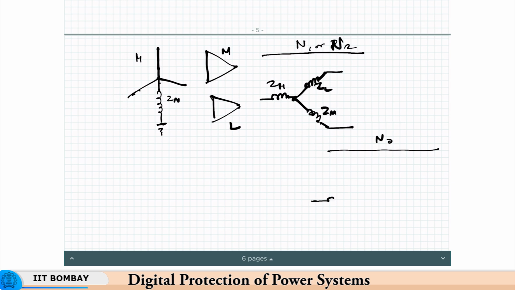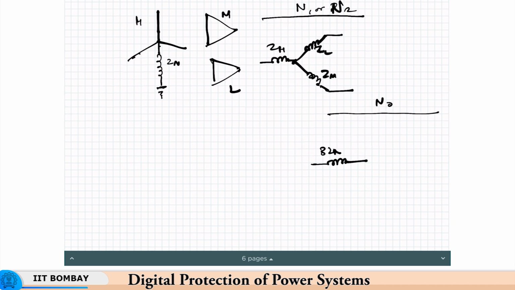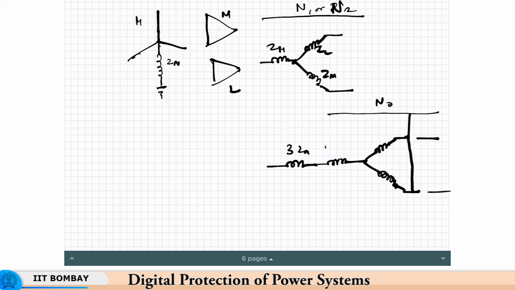So, similar to a two winding transformer, there will be 3Zn, then ZH, ZL and ZM.